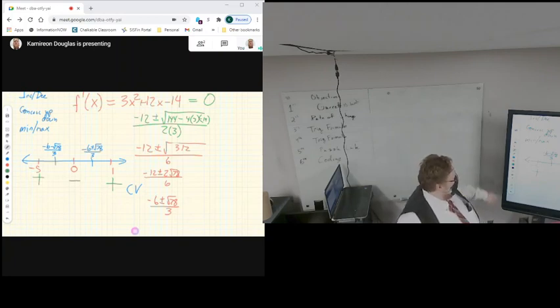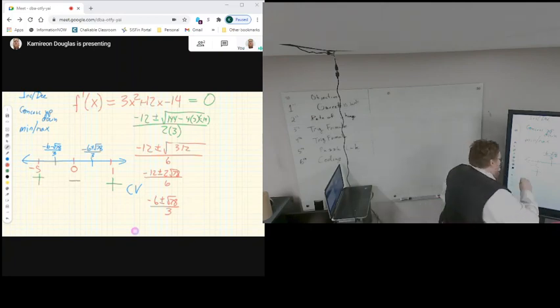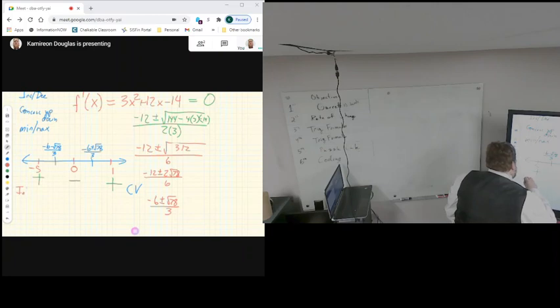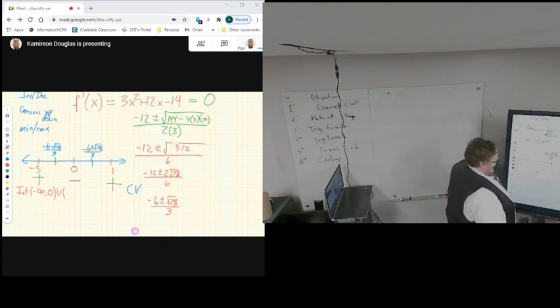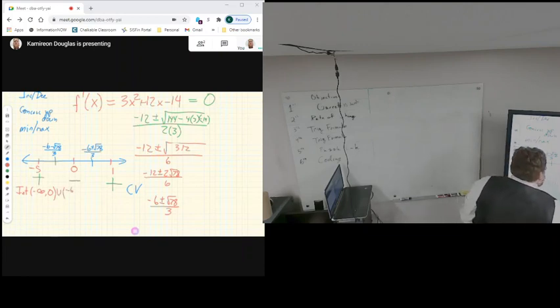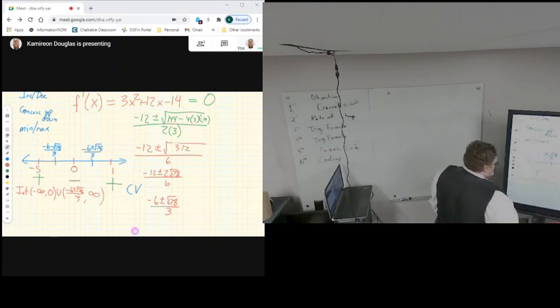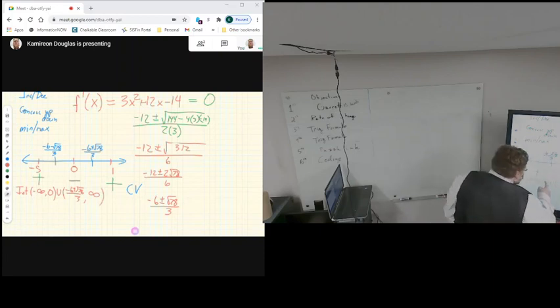So let's answer the first piece. Intervals of increasing and decreasing. Intervals of increasing, please. Negative infinity to negative 6 minus the square root of 78 over 3, in union with negative 6 plus the square root of 78 over 3 to infinity.